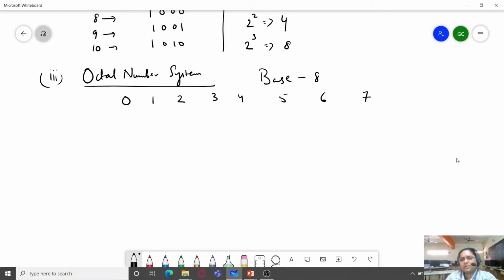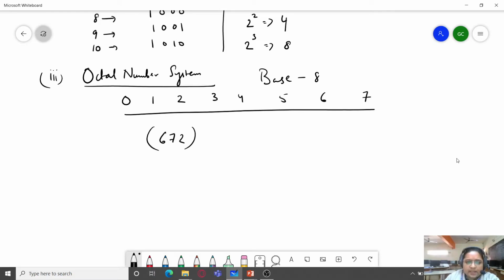Any octal number is a combination of these 8 digits. Like 672 can be considered as an octal number. But if I write 692, this will not be an octal number. This will be a decimal number, or it can also be a hexadecimal number.